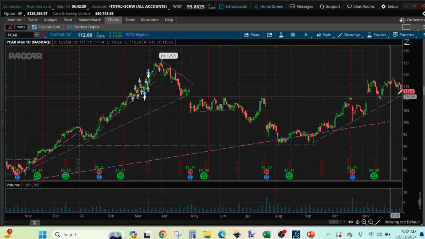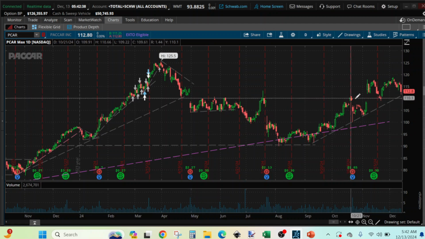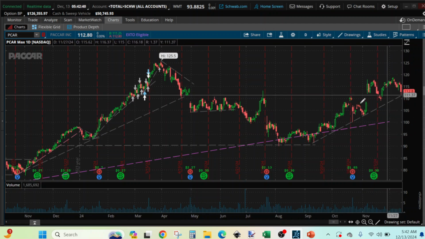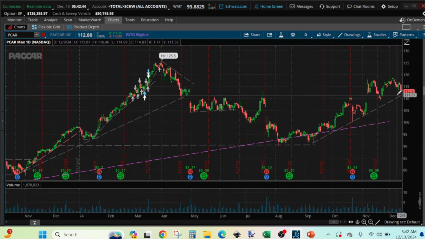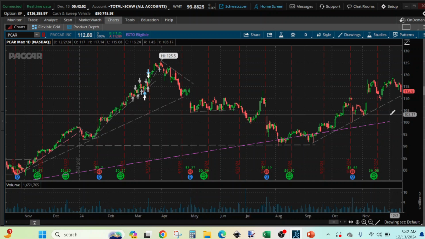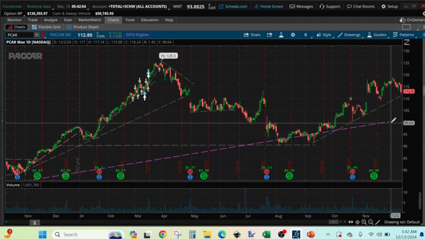So this one is another one as well that if we see green and we wanted to buy, we can buy. Just keep in mind that it's not veering away from this line too much, but it could follow this line all the way to March or so before pulling back again toward this.